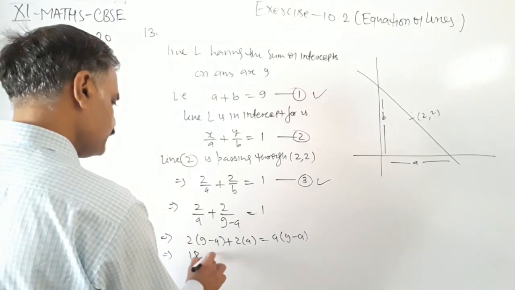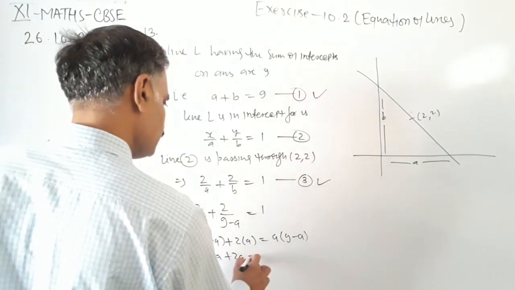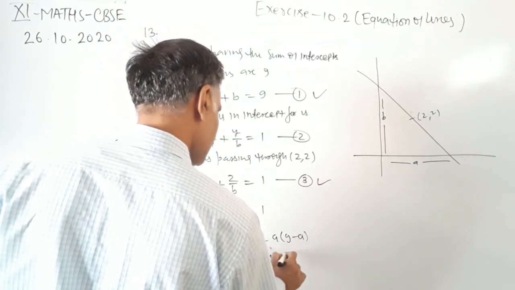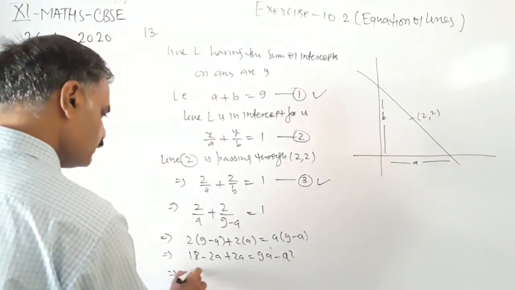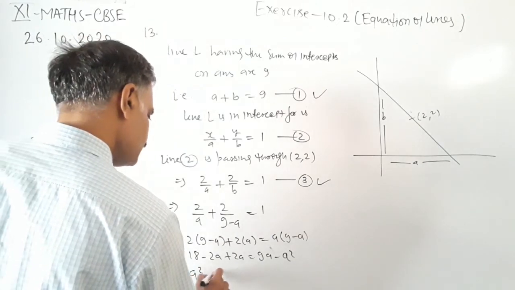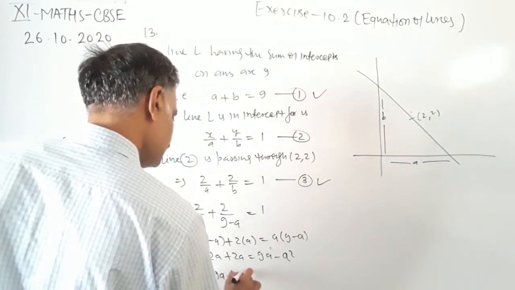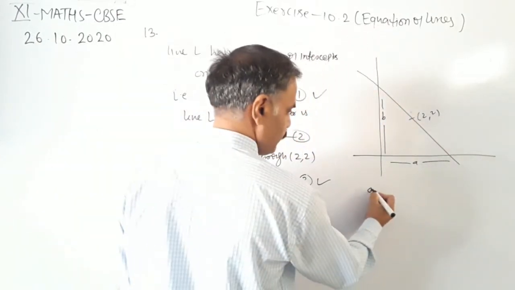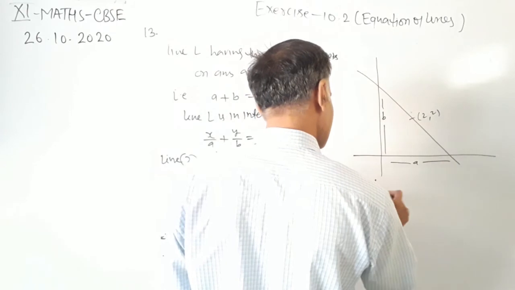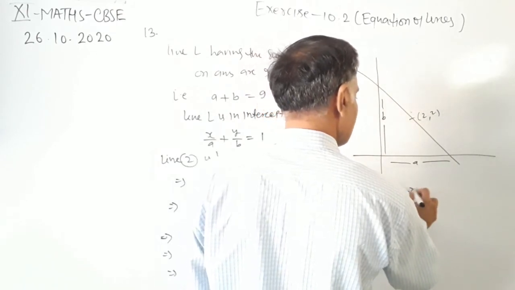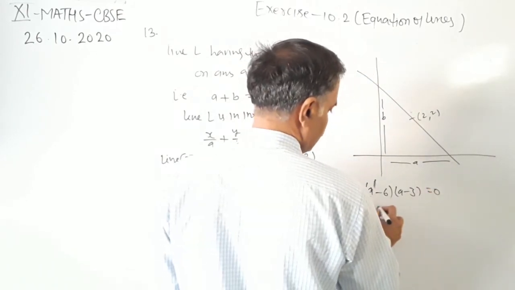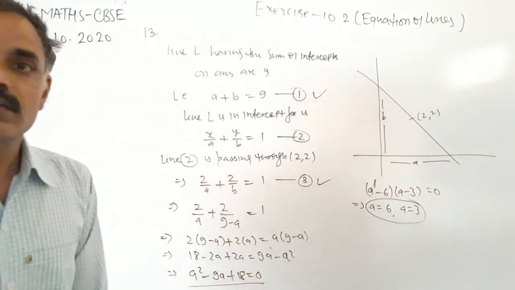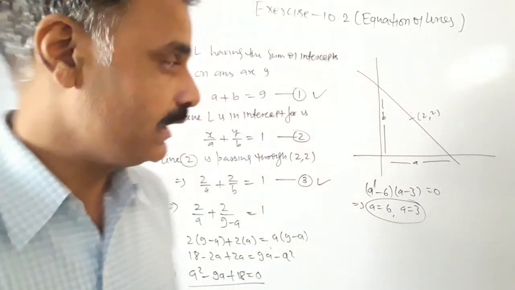So 18 minus 2a plus 2a equals 9a minus a square. So a square minus 9a plus 18 equals 0. Solving this we have (a minus 6)(a minus 3) equals 0. This implies a equals 6 and a equals 3. So a has two values, 3 and 6.